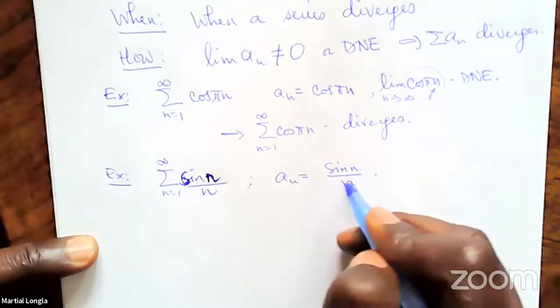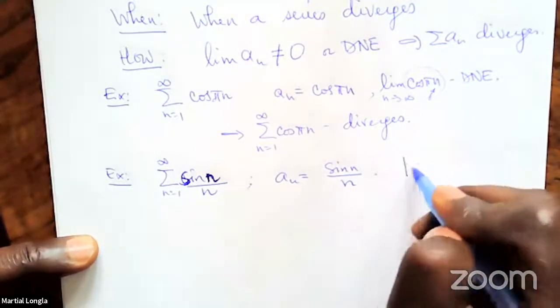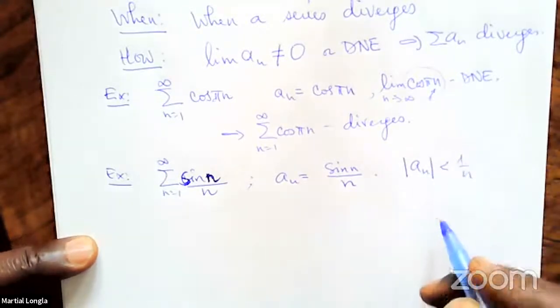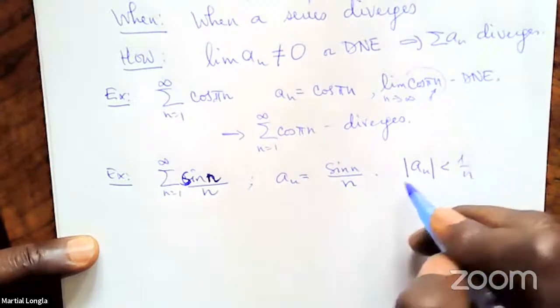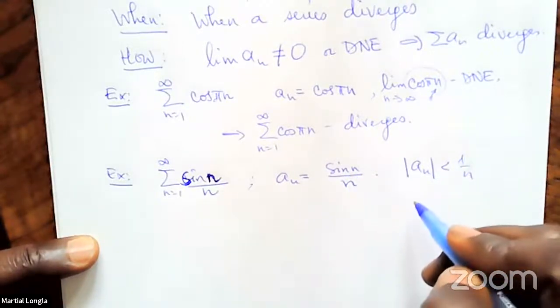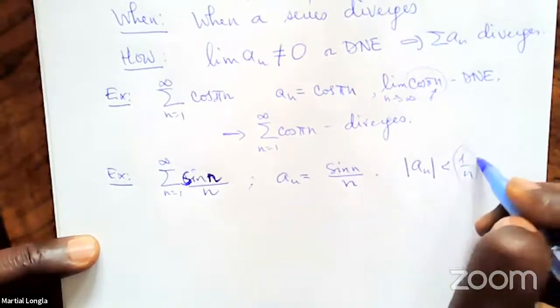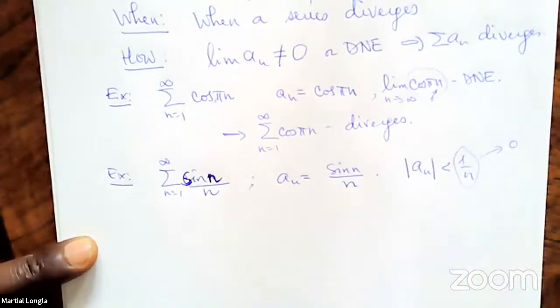If you use the squeeze theorem, you would see that the absolute value of an is less than 1 over n, because sine of n is bounded by 1, and the limit of 1 over n goes to 0.